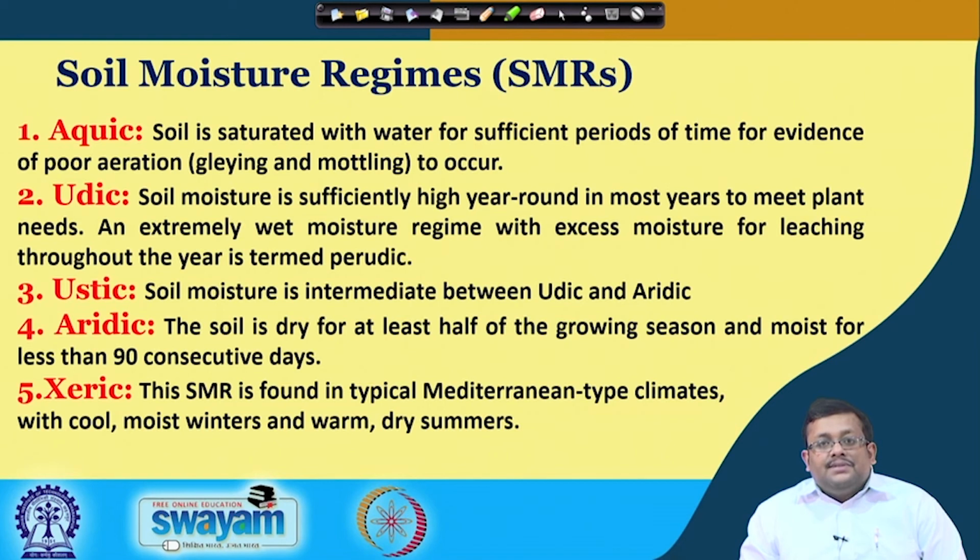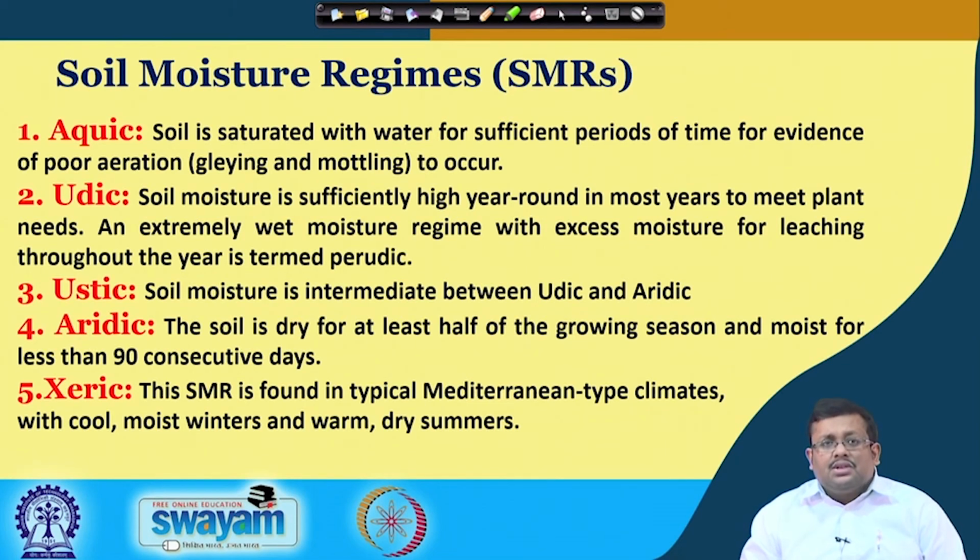The second is udic soil moisture regime, which is characterized when the soil moisture is sufficiently high year round in most years to meet the plant needs, and it is an extremely wet moisture regime with excess moisture for leaching throughout the year. When there is excess moisture for leaching throughout the year, then it is termed perudic.